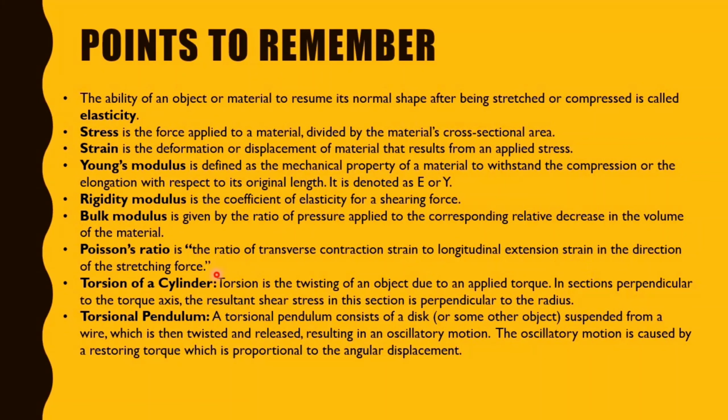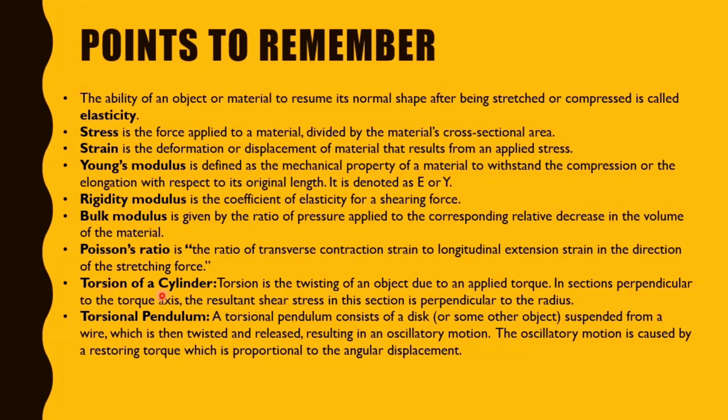Poisson's ratio's symbol is sigma, and the bulk modulus symbol is B, or K.